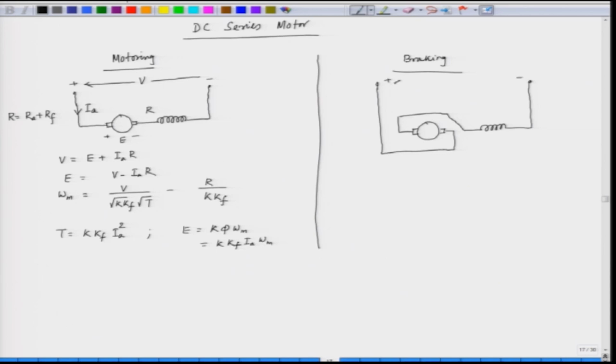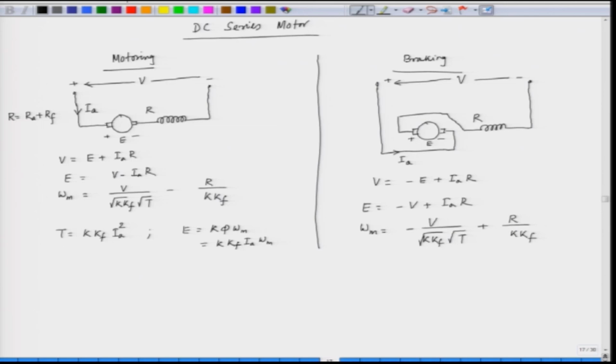So, this is the applied voltage V, here we have the back EMF E and the total resistance is R. If we write down the voltage equation, V is equal to minus E plus I A R, or E is equal to minus V plus I A R, or omega m is equal to minus V by k k f under root T plus R by k k f. Now, this is the equation for the braking.